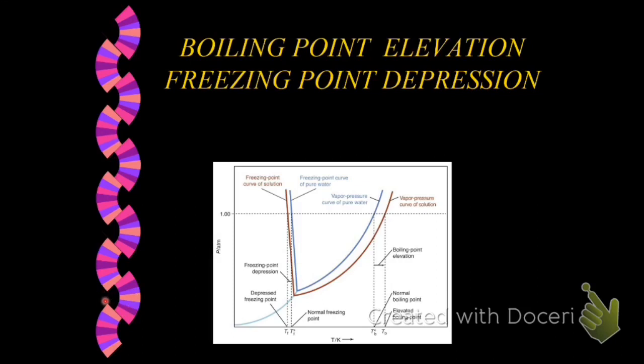Let's look at a curve of vapor pressures for a solution and for a pure solvent. The blue curve here illustrates the vapor pressures for a pure solvent. In this case, they're using water. Our upper curve is the vapor pressures between a liquid and the gas, so this whole line would be boiling points.